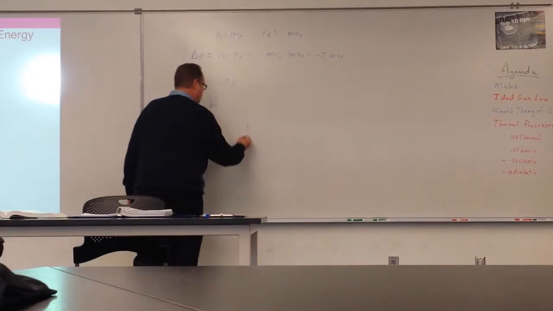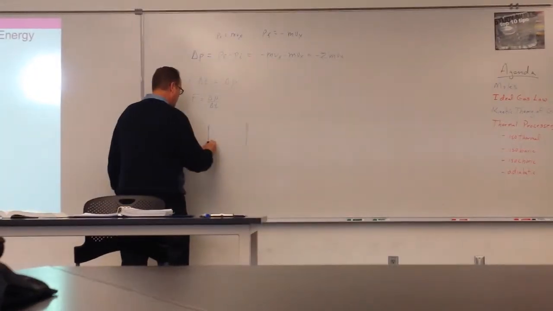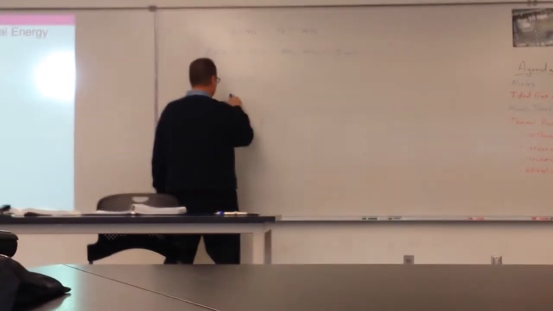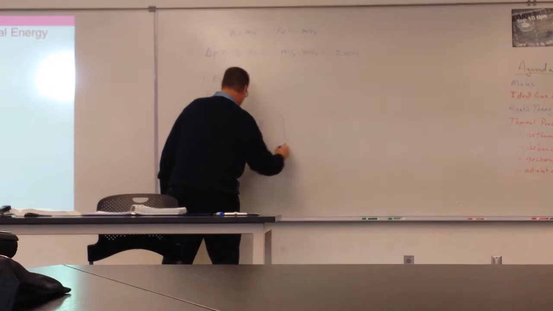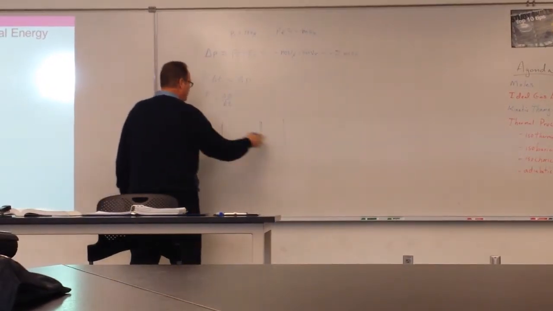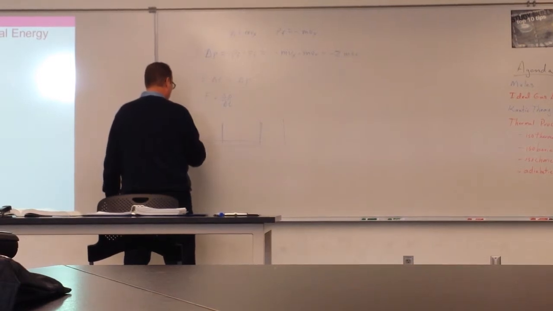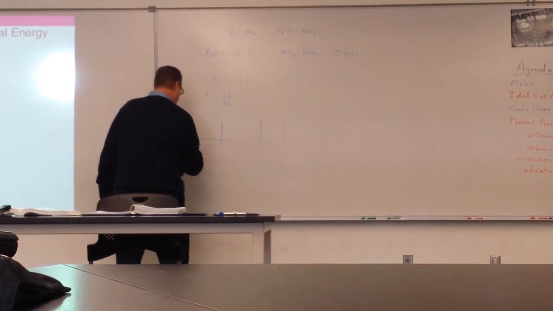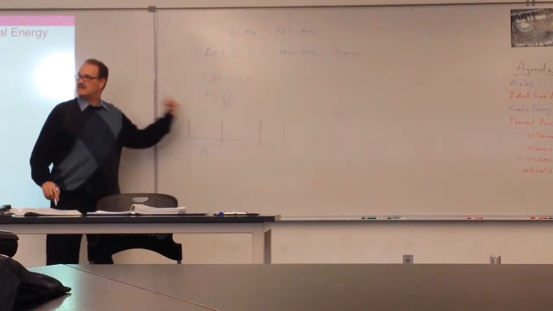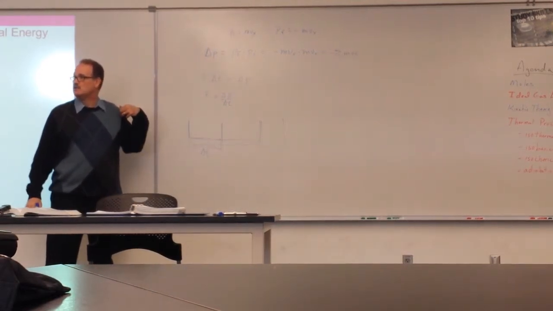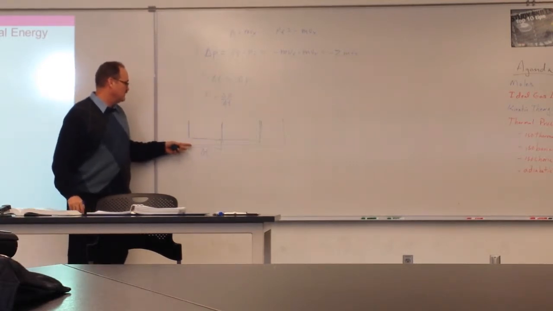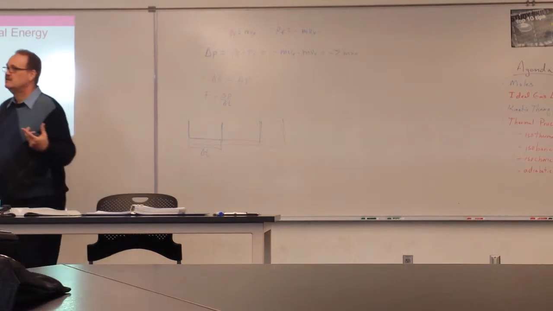So these time periods, I'm going to have that change in momentum over delta t, and it's going to happen regularly. So I'm going to get one delta p in that delta t, where that delta t is the time it takes the ball to come back and hit the wall again. So I know what delta p is. What I need to do is figure out what delta t is, the time it takes for the ball to get back.